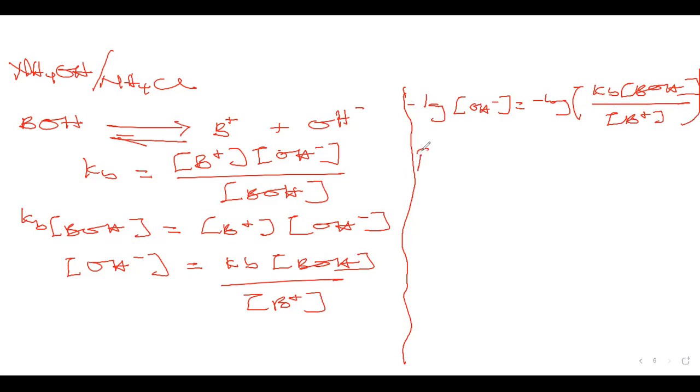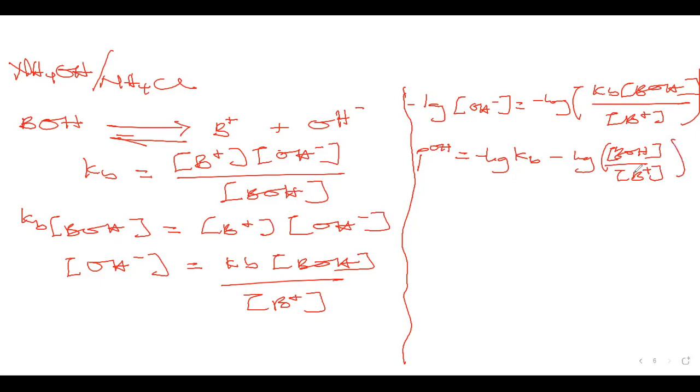So this side becomes my pOH. Like we saw earlier, this will be negative log of Kb, then minus the log of BOH concentration out of the concentration of B plus.